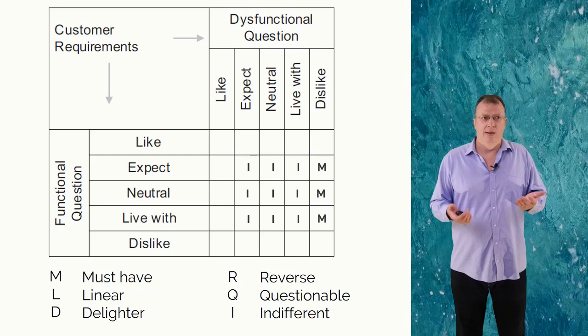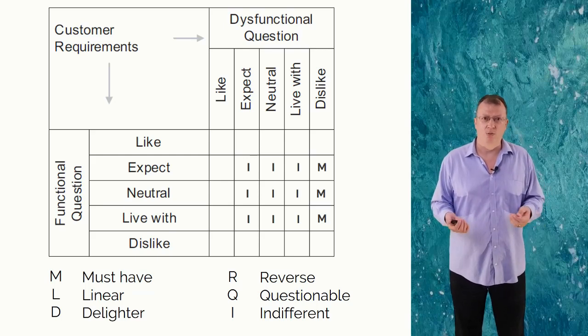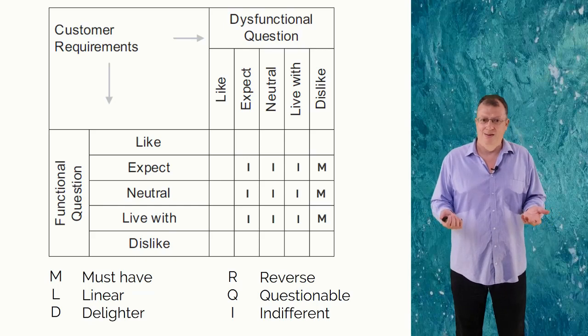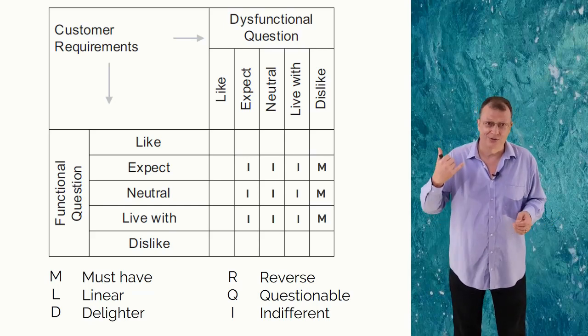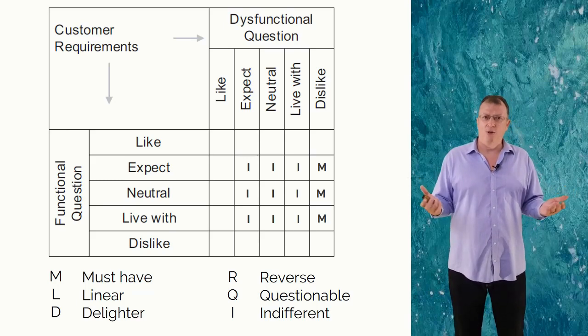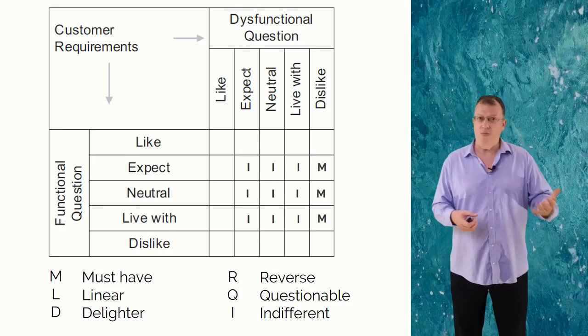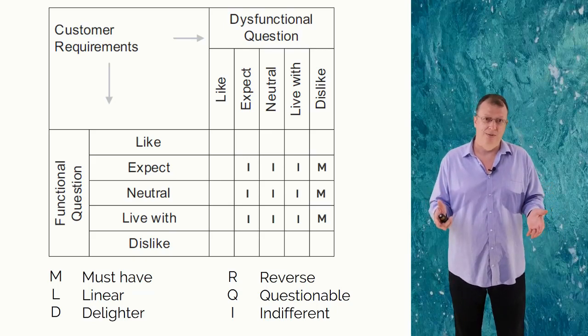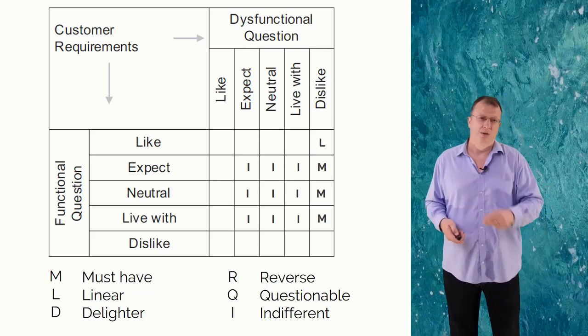Well, I can live with it, or I expect it to be that way, and I'm neutral about it because it's clean. I'm not going to be ecstatic and phone my friends and say, hey, my hotel room is clean. Can you believe that? It's supposed to be like that. So these are the must-haves. If it's not there, very unhappy. And if it is there, I'm also not going to be super ecstatic. So these are typically where your must-haves fall.